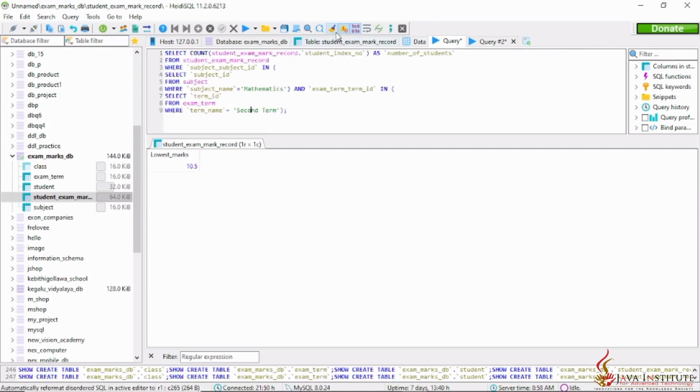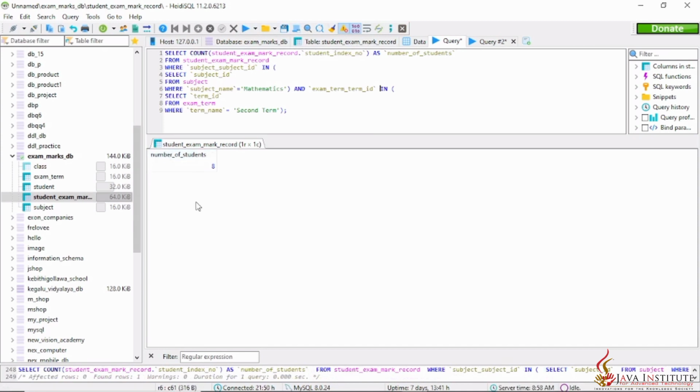So this is the query. Then let's execute it. The term name is second term, and then the subject name is mathematics. We have to count the number of students. So it says that the number of students is 8.